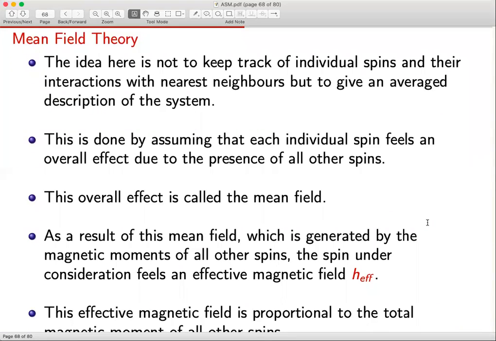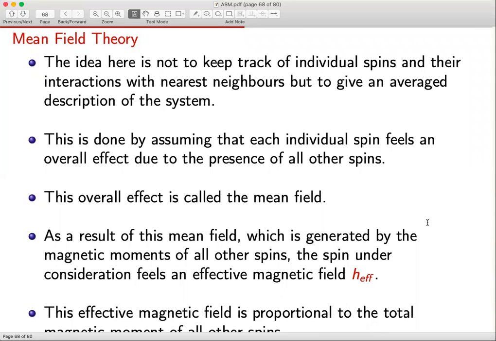The idea of mean field theory is that we do not keep track of how all individual spins behave when you have the Hamiltonian written out there. Remember, the Hamiltonian contains the interaction of every spin with all its neighbors, and every spin interacting with the external stimulus.